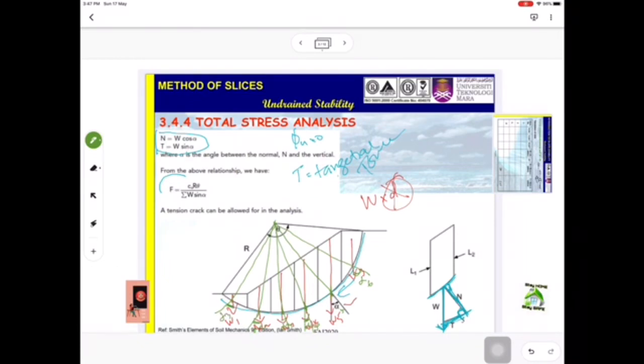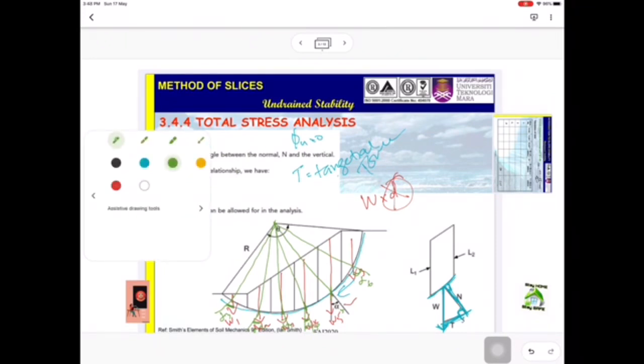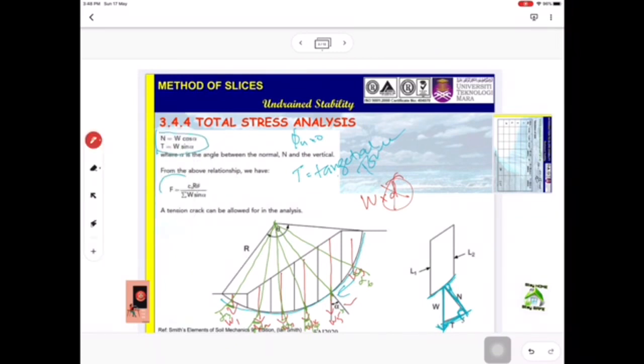Okay, so same like previous, whatever on the right, the alpha value will be positive. Whatever on the left side, the alpha value will be negative. So alpha 1, the value is negative because this side.